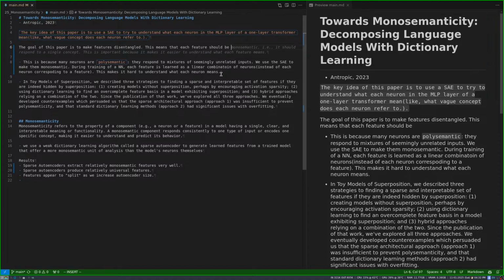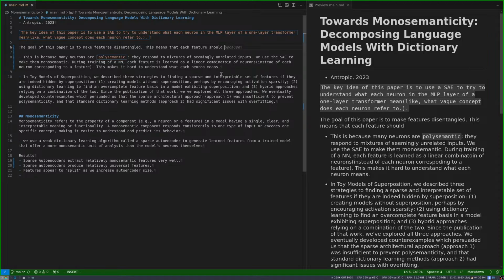A feature should refer to a single key idea.